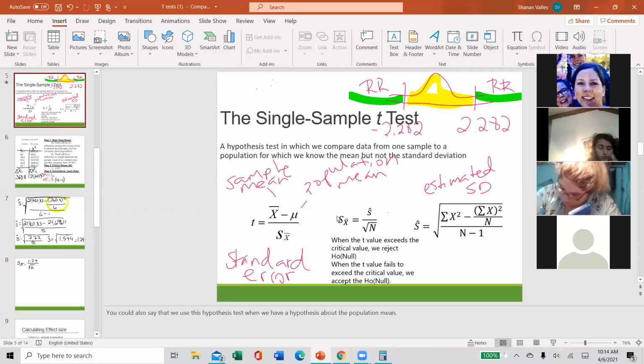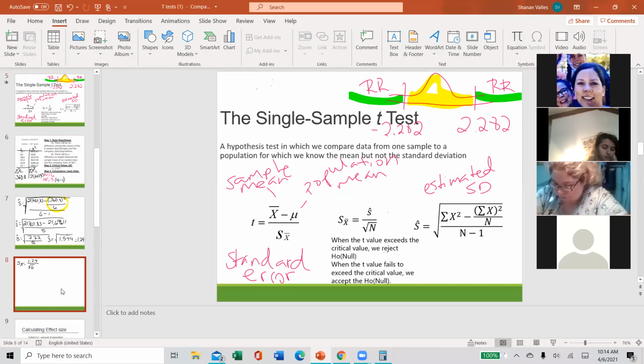All right, so our standard error is that estimated standard deviation that we just calculated divided by the square root of our n, which is 6.